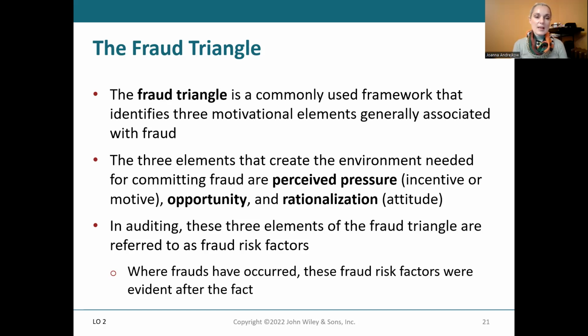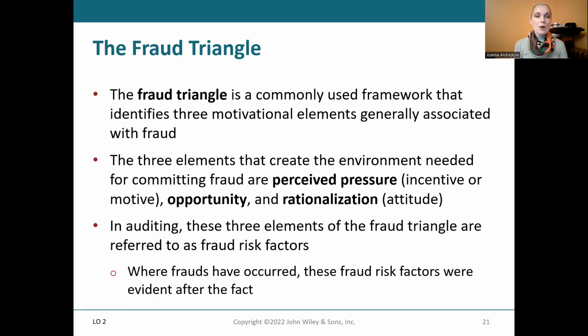So the 3 elements for committing fraud are perceived pressure or incentive or motive. So the individual feels like they need to commit fraud. So for example, they're behind their mortgage payment and they're going to lose their house, so they commit the fraud. There's that pressure of losing something or not being able to gain something.